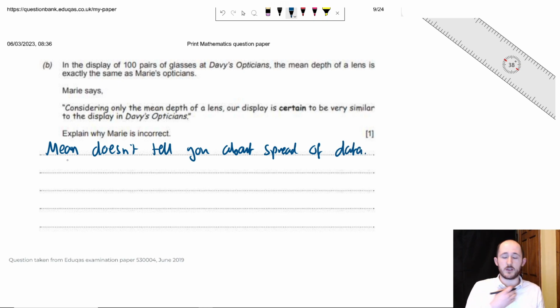Two sets of data can have the same mean, but have a wide range of values instead. So does that make sense? If you ever need to compare two sets of data, you want to compare the spread, which is the range for normal data, or the interquartile range for box plots. And you want to compare the average, so the mean, median, or mode.